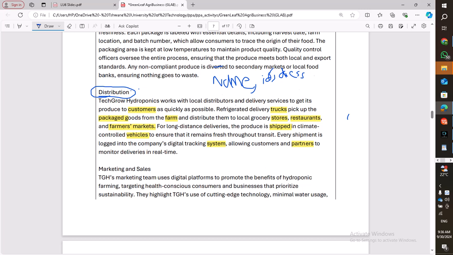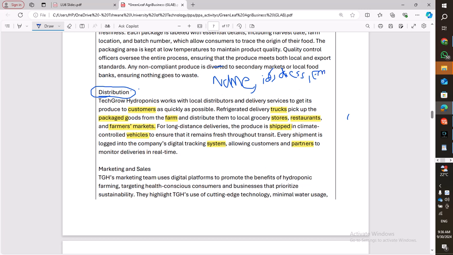We need the address, because here we are talking about the delivery service to get produce to the customer. Then we also need the customer email, where they can see their delivery is delivered.